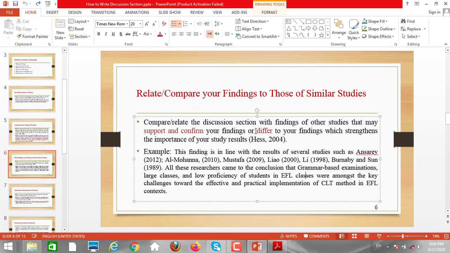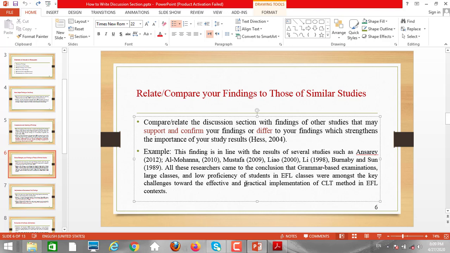If you want to provide a difference between your findings and other findings, which means you are comparing your findings with other research findings, you can simply state here, beginning from here: all these researchers came to the conclusion that grammar-based examination, large classes, and low proficiency of students in EFL classes were not amongst the key challenges. Just simply put the word not.